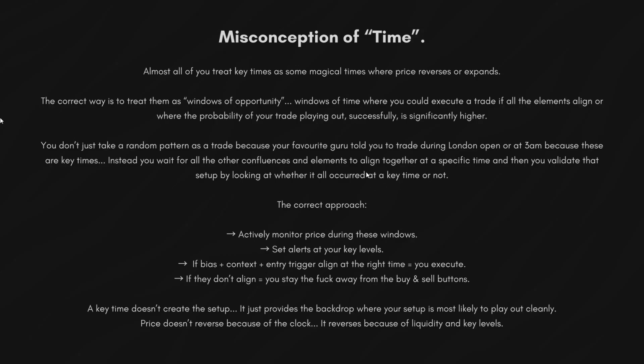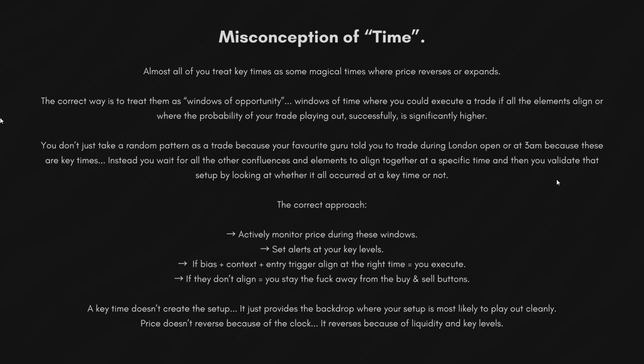So you can see that the time aspect here is only the last validating confluence that validates the setup by looking at whether it formed at a key time or not. It's only the last validating pretext. It's not the actual reason which begins the idea.